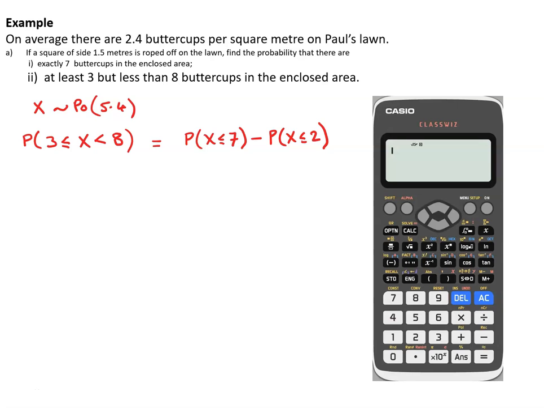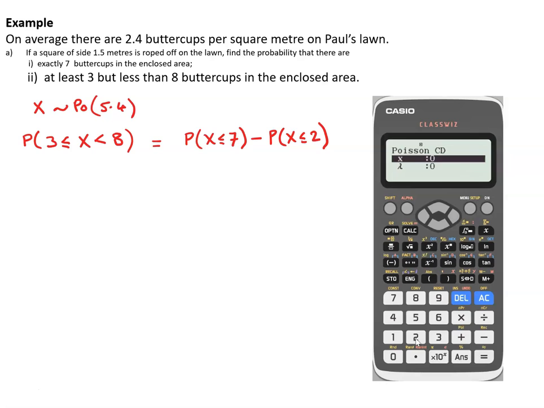And at this stage now we can use our calculators again. So we've got a little video here showing you how to use the calculator. First of all we go menu and 7 to select distribution, probability distributions. Scroll down to get the Poisson, then press number 3 to get Poisson cumulatives. And we want to go number 2 now, so we've got variables.